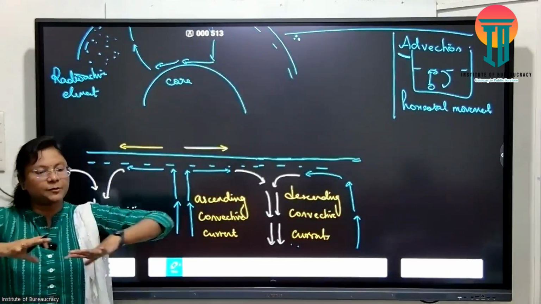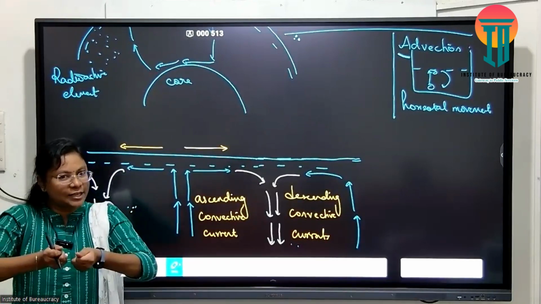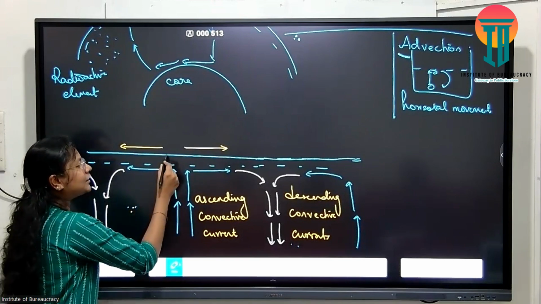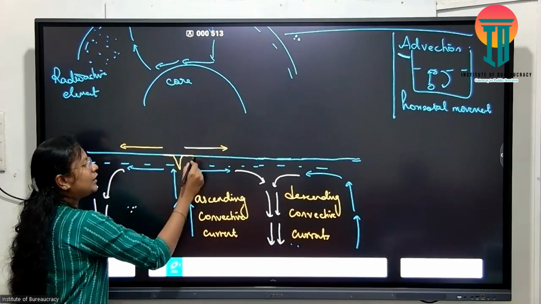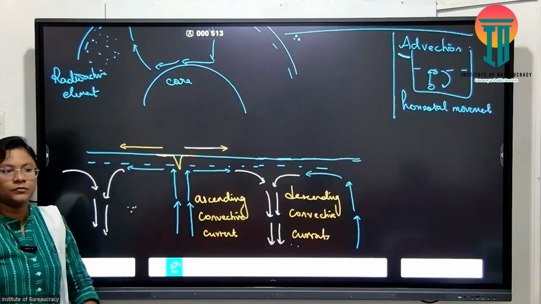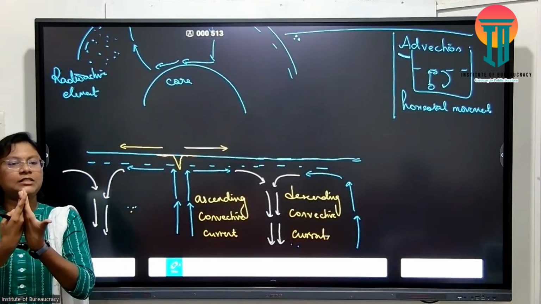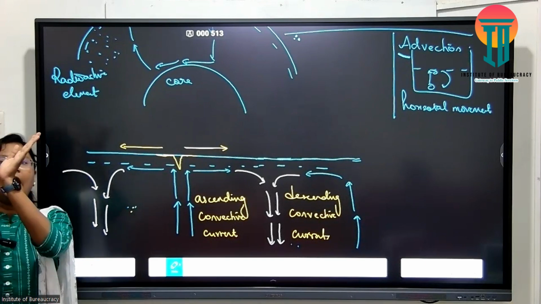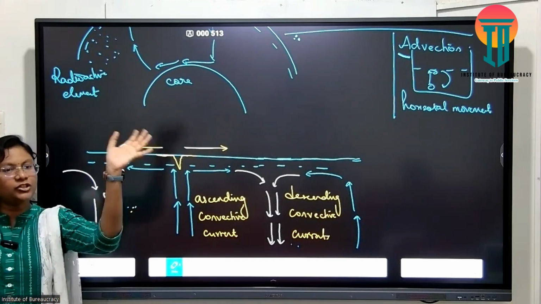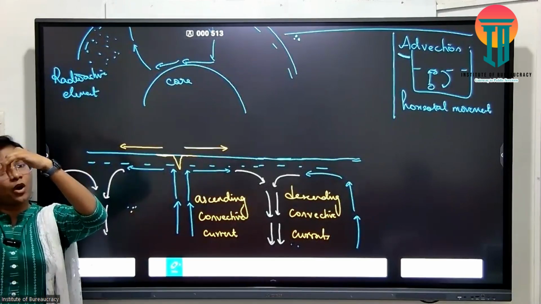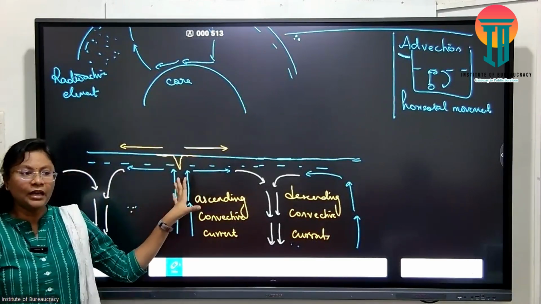Okay, the crust is experiencing a tensional force. Now the crust has been pulled in two different directions. So possibilities are there, the crust will crack open. So ascending convective currents will hit your crust, and the ascending current will diverge, thereby inducing a tensional force in the crust, and it facilitates the tearing up of my crust.